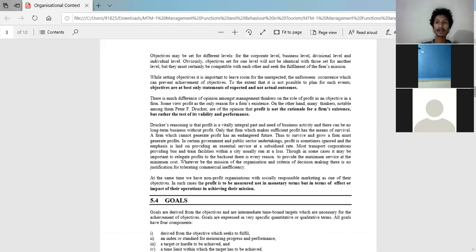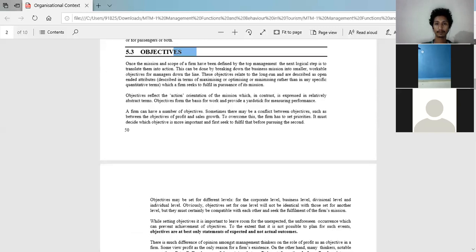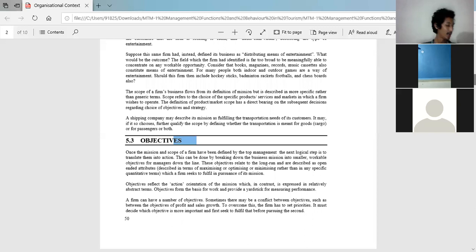So examples of objectives: suppose you have started a travel company.